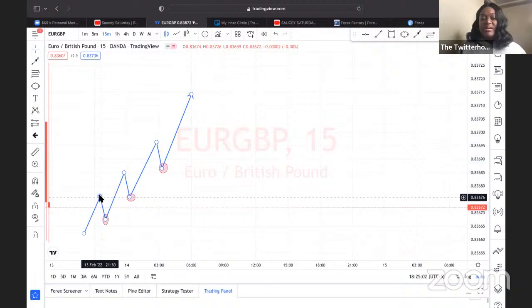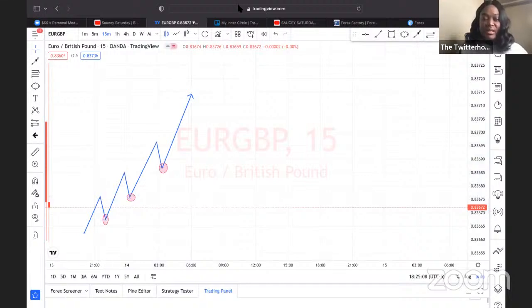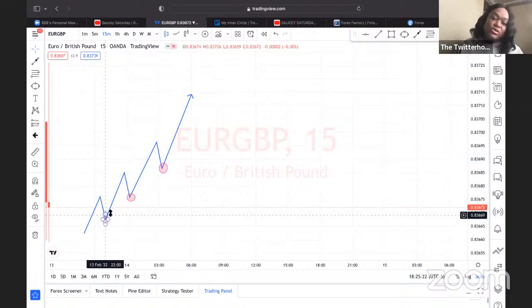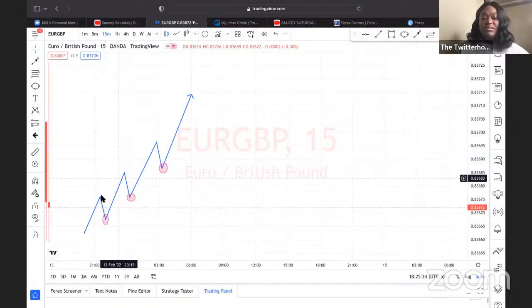When it's here, it's too late, right? Imagine you get into a trade. Let's see, we have a question. Why is it called the pullback? Pullback because it's here and we want price to come back down. So that's why it's like pulling back to continue going up. So we just call it a pullback.